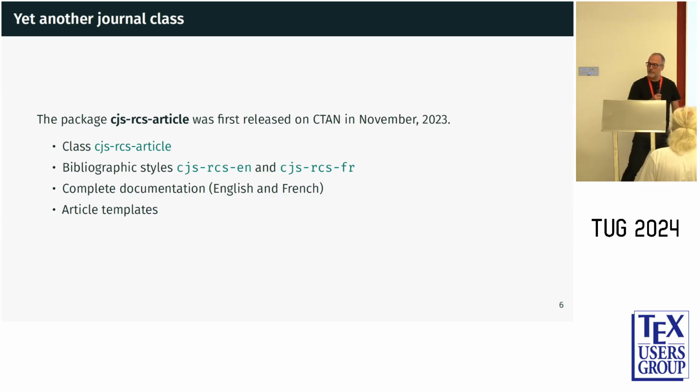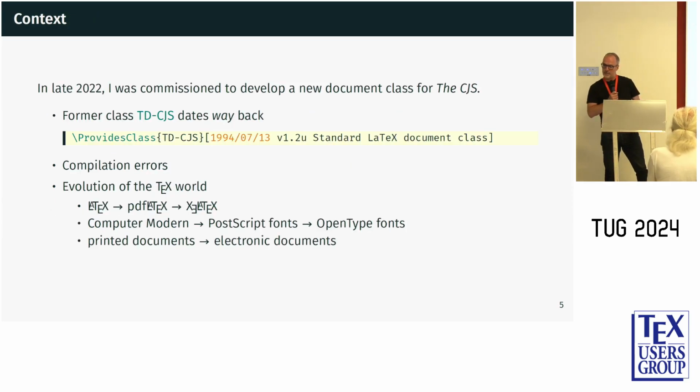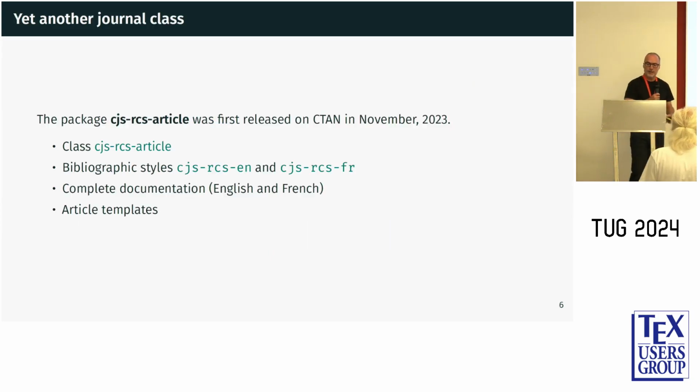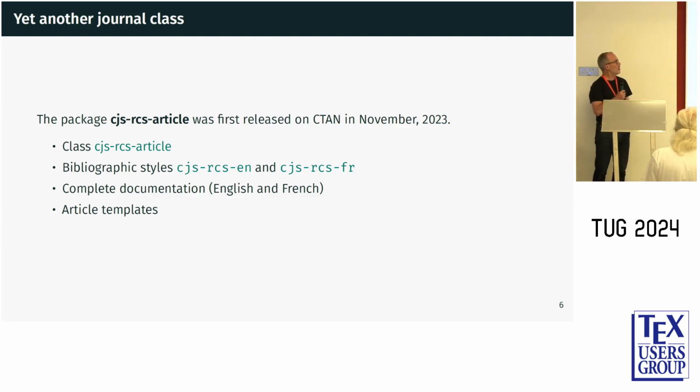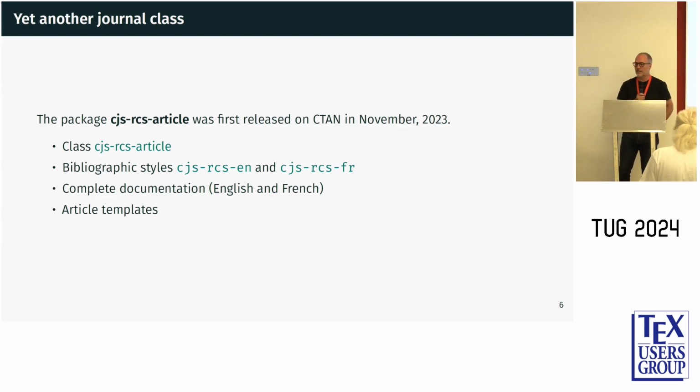About a year after I was contacted to create the new document class, the package cjs-rcs-article was first released on CRAN, in November last year, and I just published an update last week.